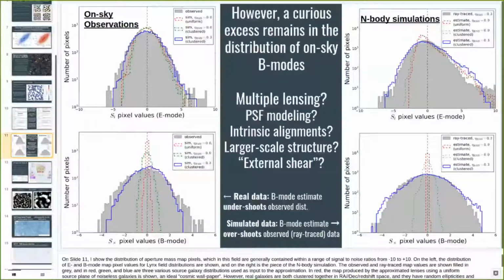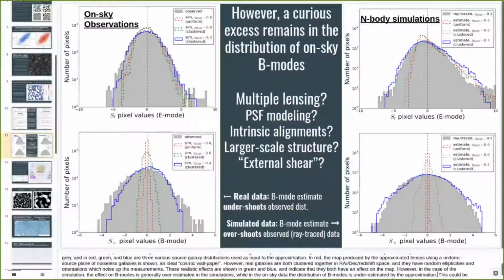On slide 11, I show the distribution of aperture mass map pixels. On the left, the distribution of E and B mode map pixel values for the Lynx field are shown, and on the right is the piece of the N-body simulation. The observed and ray-traced map values are shown as filled in gray, and in red, green, and blue are 3 various source galaxy distributions used as an input to the approximation.